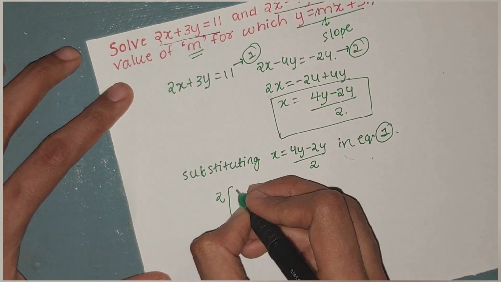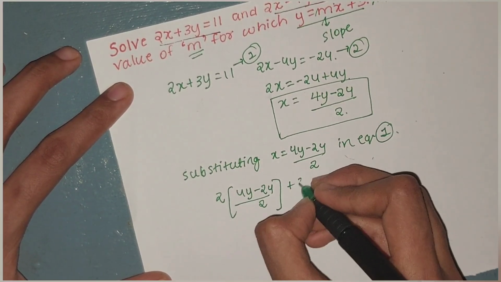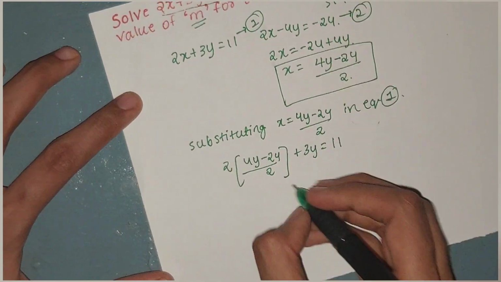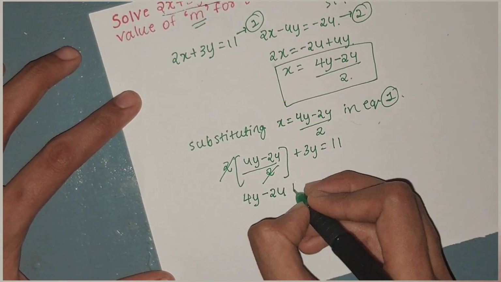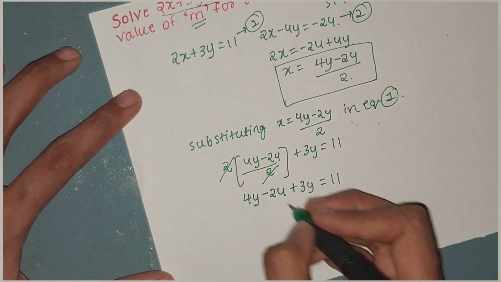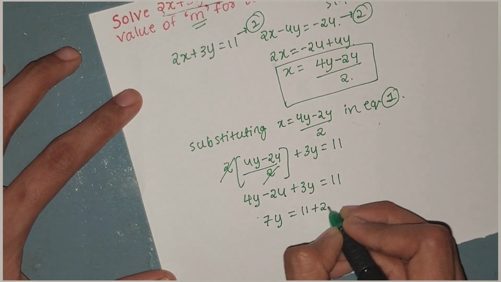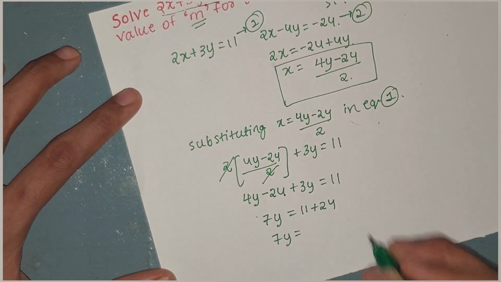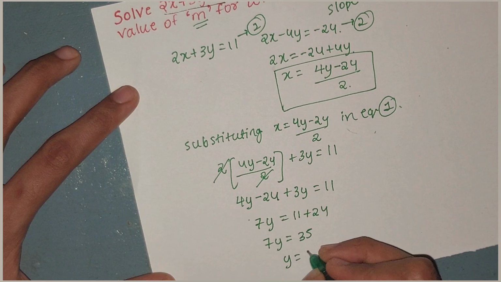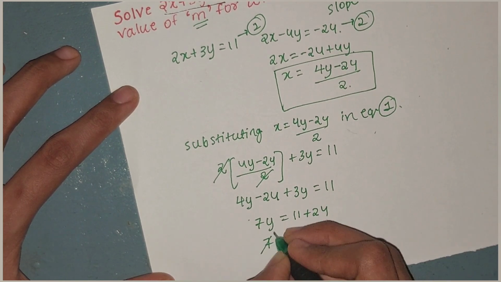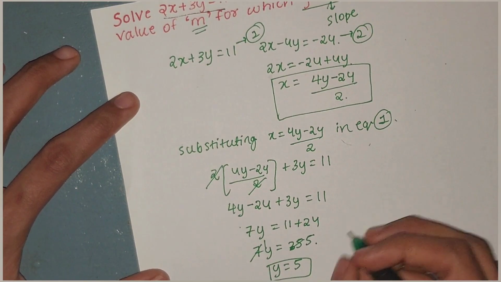So 2 into 4y minus 24 by 2 plus 3y is equal to 11. 2 gets cancelled. 4y minus 24 plus 3y is equal to 11. 4y plus 3y will give you 7y is equal to 11 plus 24. 7y is equal to 35. So y is equal to 5. 7 fives are 35. Correct? So yes, I got my y.